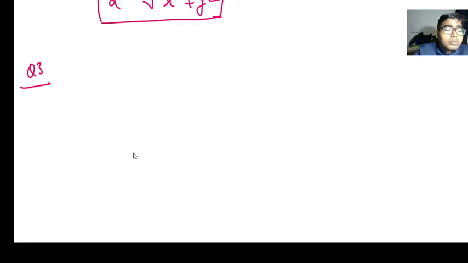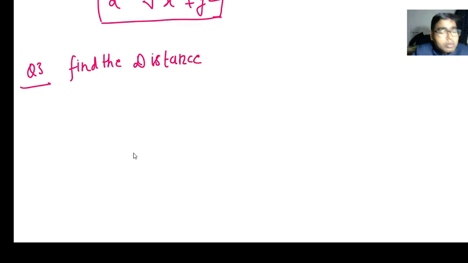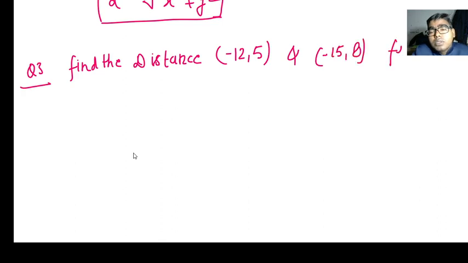Question 3. Find the distance of the points minus 12 comma 5 from the origin. Then what we need to do? Let's take case 1.